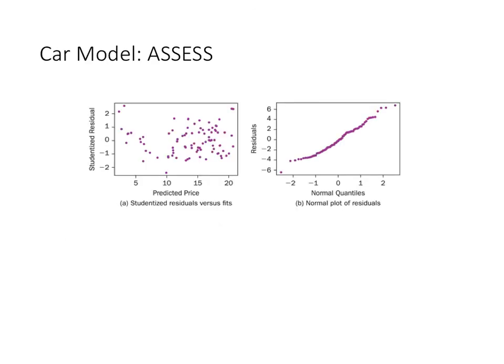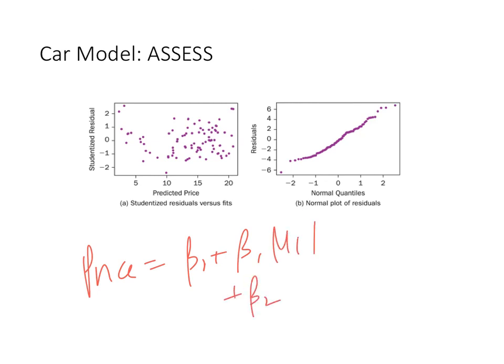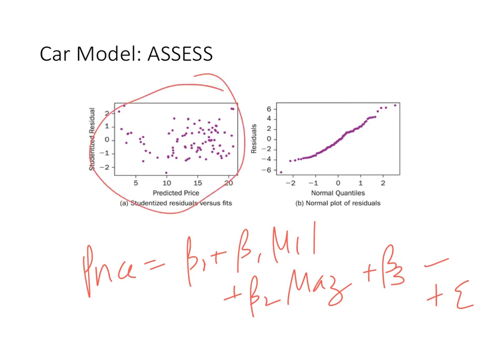Okay, so just going back to the simpler model that looks at modeling price based on mileage and the types of cars, Mazda, and the other car, whatever it was, not the Accord. In this situation, if we look at the 4-in-1 plots, constant variance seems okay, normality doesn't seem to be an issue.